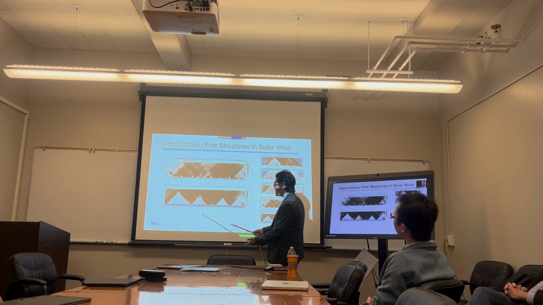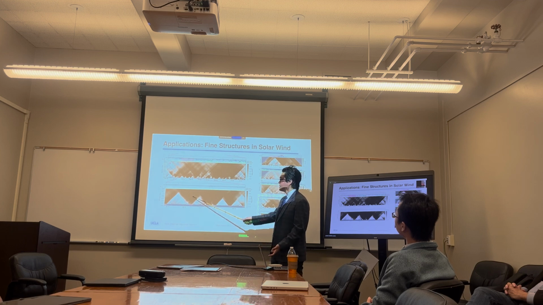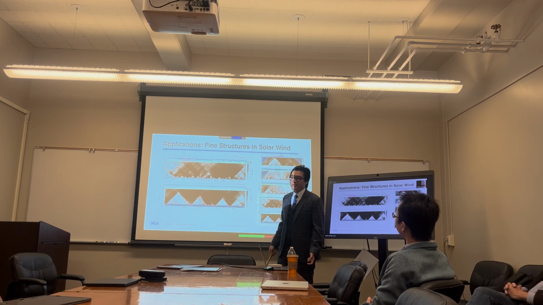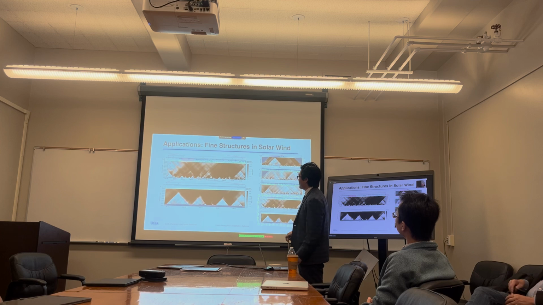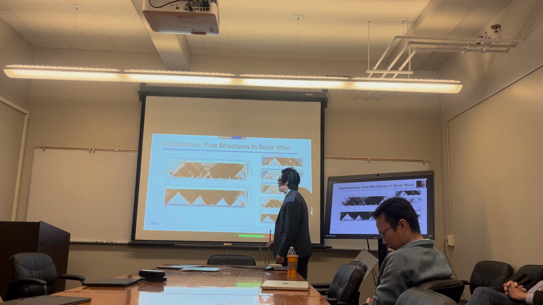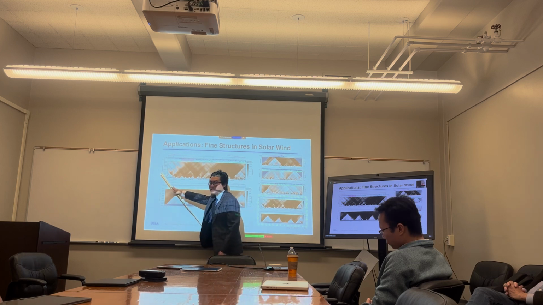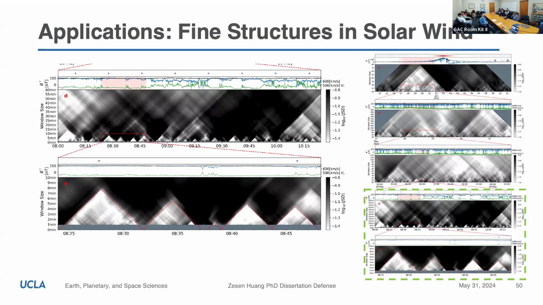So that being said, based on this, we can claim that the solar wind at its source is really intermittent, because we have all this coherent structure based on the Gaussianity of the magnetic magnitude. The most remarkable thing is that all of these structures are compiled from this black line here. It's seemingly featureless, right?